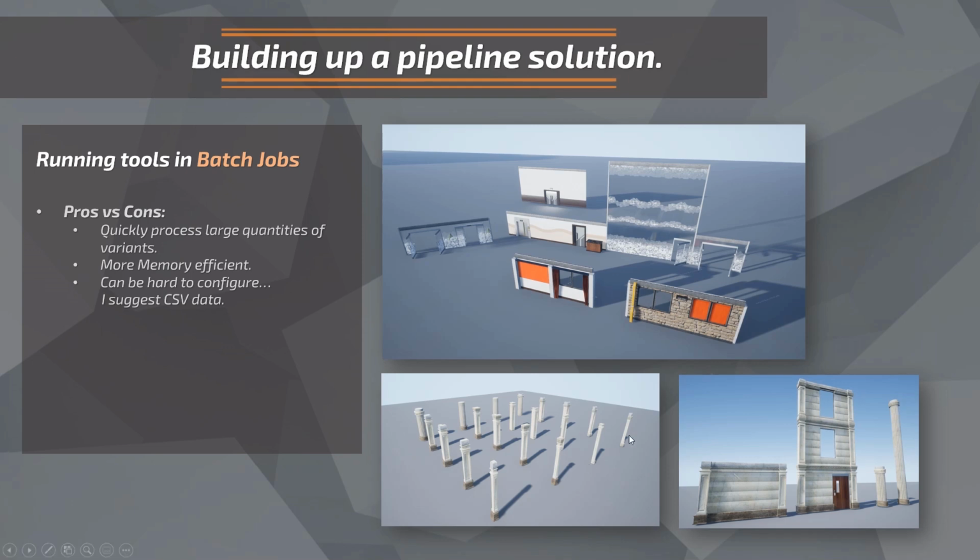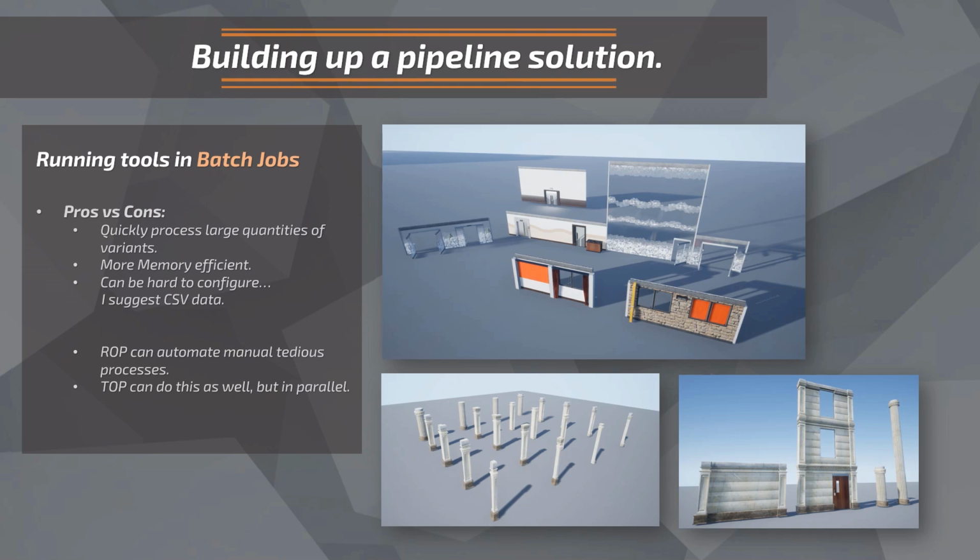For example, here on the bottom right, I have 20 different pillars, and they're all basically the same pillar but with a different cutout. So if we run this as a batch job, we have one asset, and then we run that through a wedge node with render operators, for example, and by the end of it, we have all these pillars. We don't actually need to instantiate 20 different assets.